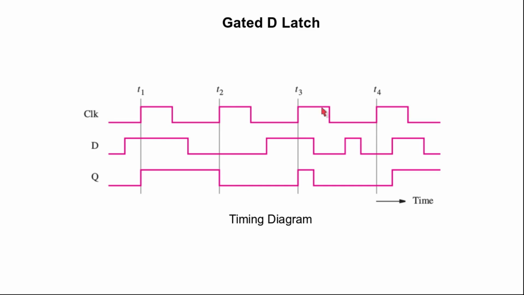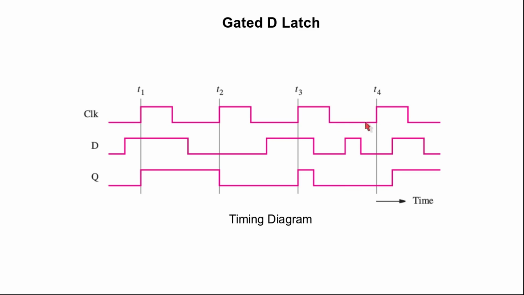And then when clock is 1, the D input again changes to 0. So since clock input is 1, Q will also change to 0. As soon as D changes to 0, Q is also changing to 0. And then D remains 0 for the next point up to this point of time. So Q also remains 0.